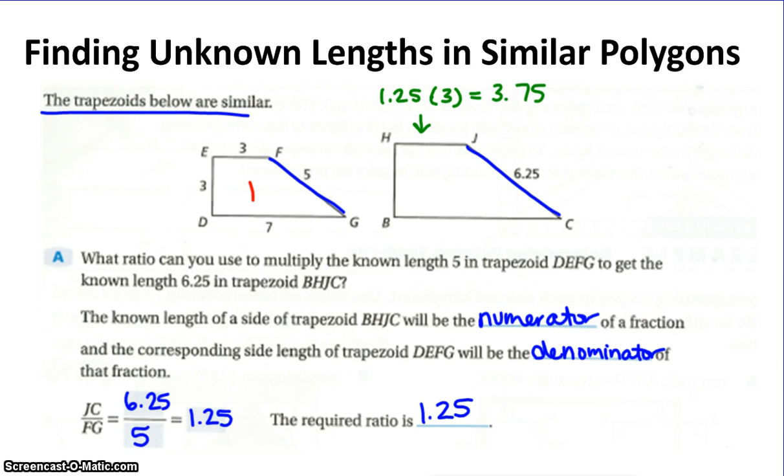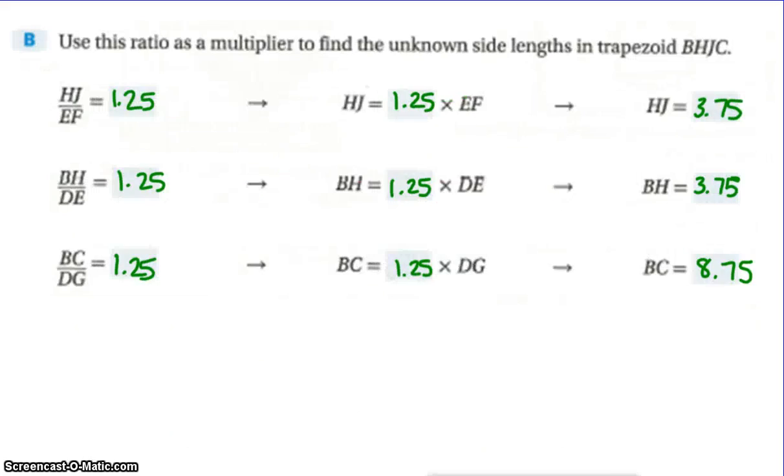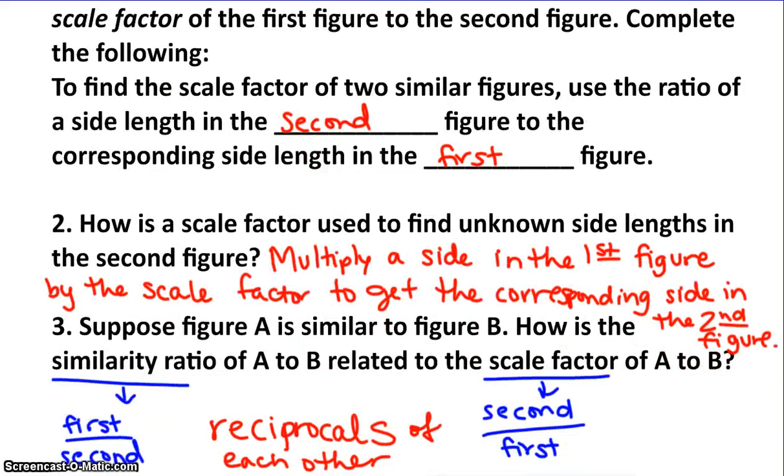So I know that my scale factor should be larger than 1, correct? Because I'm getting bigger. Anytime I multiply by a scale factor larger than 1, I have a bigger shape. So that's going to be very important to realize: in what context of the problem are you working? Do you need the similarity ratio or do you need the scale factor? That's going to be up to you to determine.